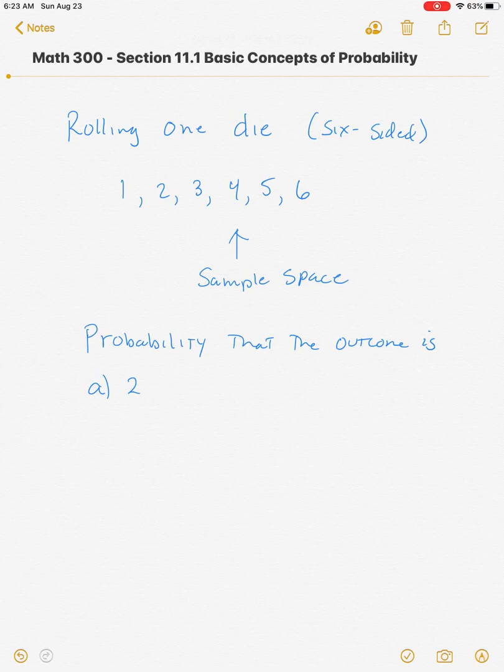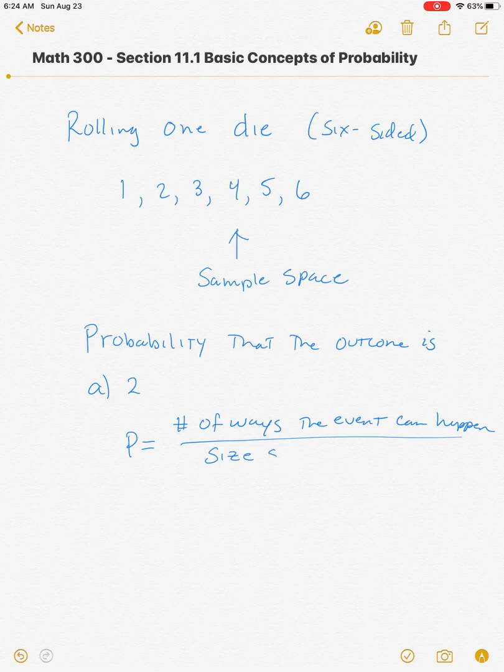Well, the way that we find probability is the number of ways the event can happen over, I'm going to word it like this since we've defined sample space, over the size of the sample space. Sometimes it's written as the number of ways an event can happen over the total number of possible outcomes. This is the traditional or classical way to define probability, and it works really well.